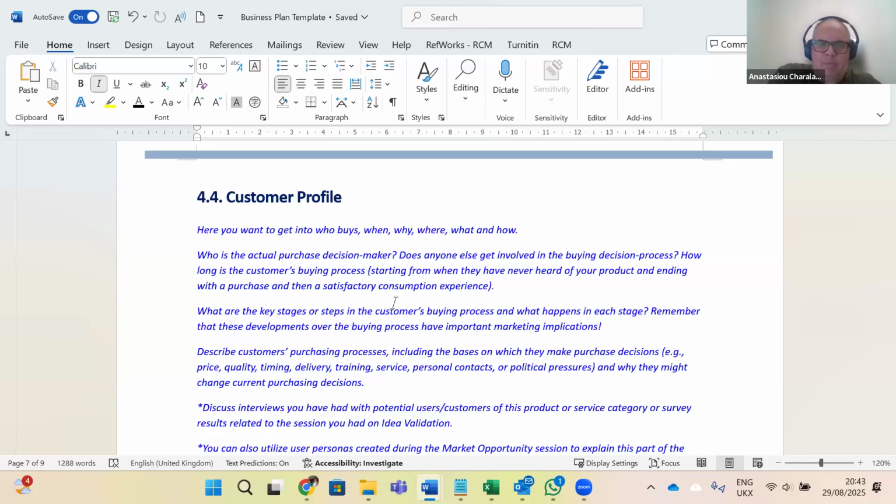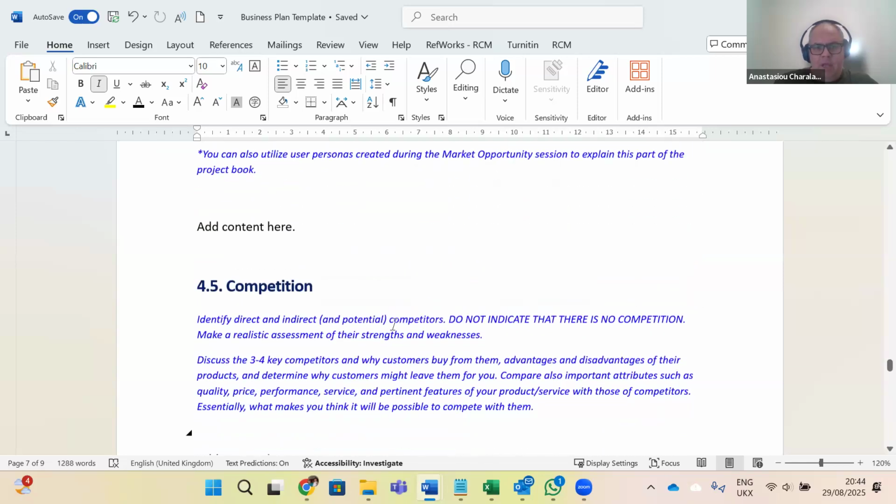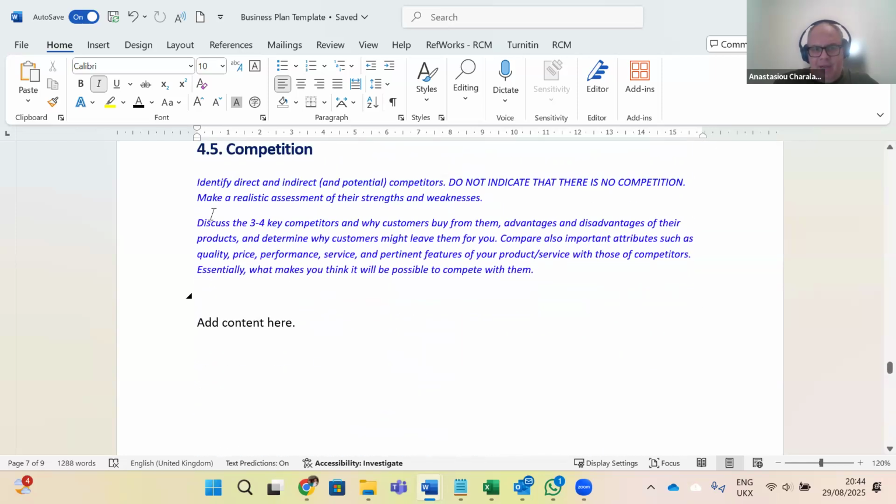If you're targeting, for example, hospitals and you're targeting surgeons, maybe the surgeon likes what you're presenting, but there are whole committees that approve purchases. Okay. So this is what it means. Now, you might not know too much right now, but whatever information you have will be very good to put here.